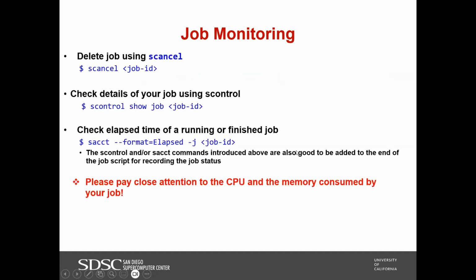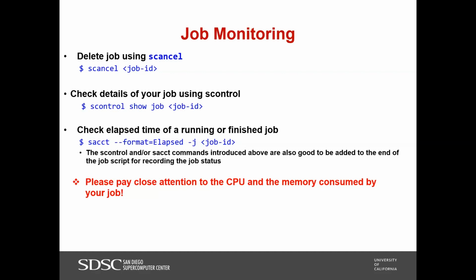And the next two commands I would recommend you to use to check your job status. The first one is the scontrol show job command with the job ID. It will check the details of your job using scontrol. The next one is the sacct command, telling how much time your job has run before it's finished.